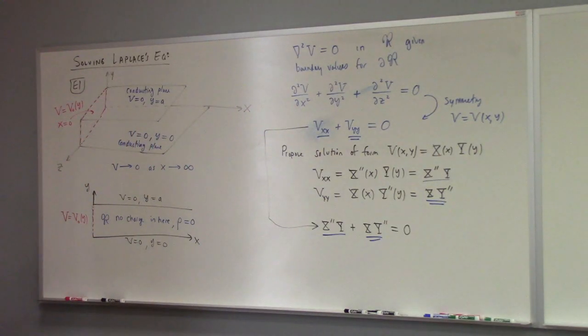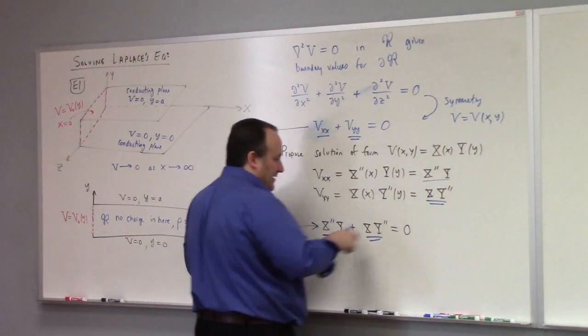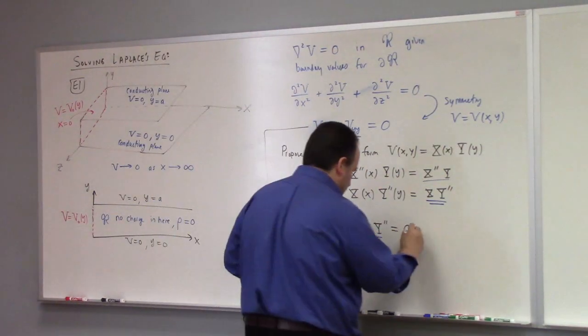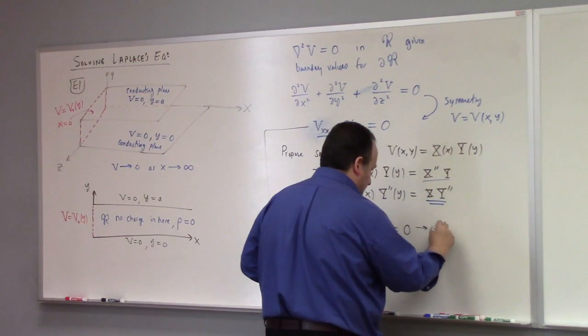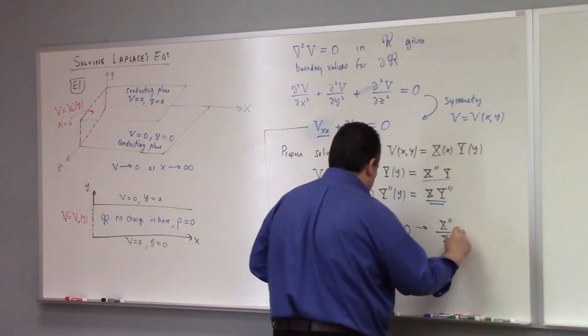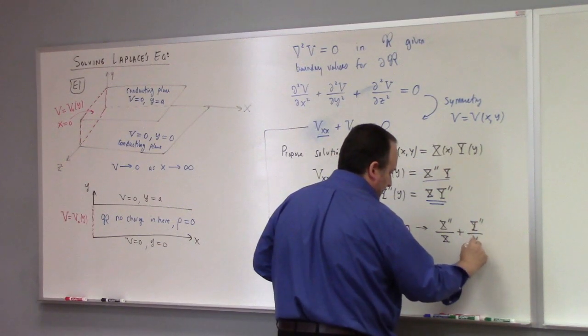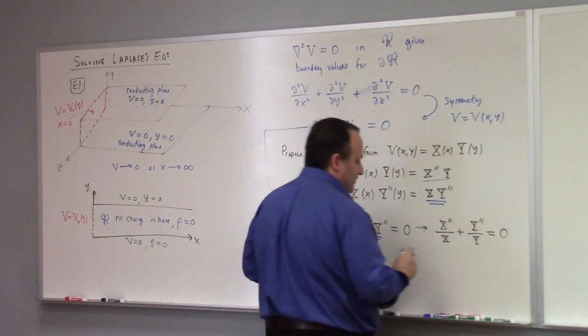Now, next move, we're looking for non-zero solutions. Obviously, 0 is a solution, v equal to 0 solves everything, but it's not what we're looking for. Since it's not what we're looking for, nothing is lost by dividing by the solution. So if I divide by v, this gives me X prime prime divided by X plus Y prime prime divided by Y equals 0.